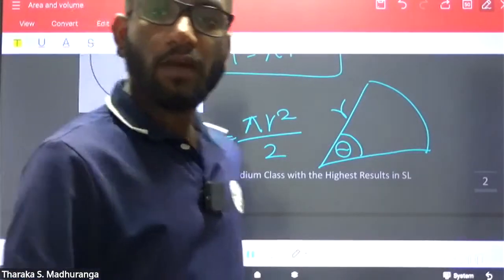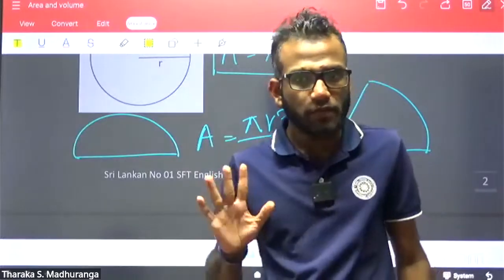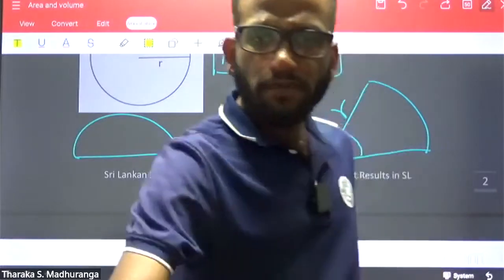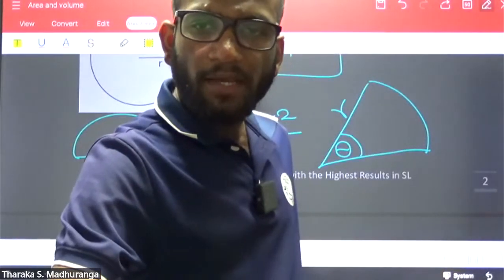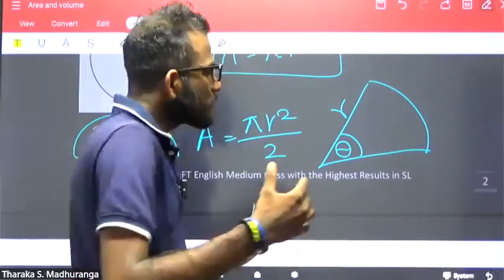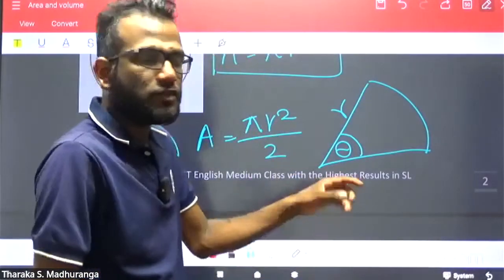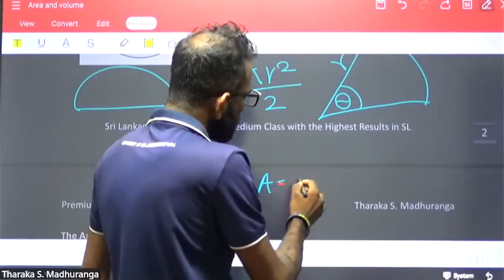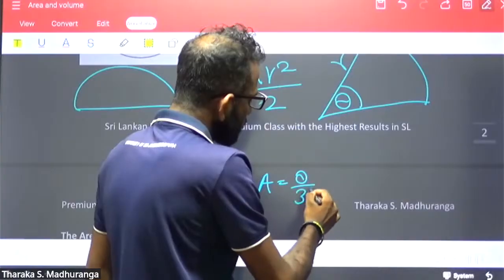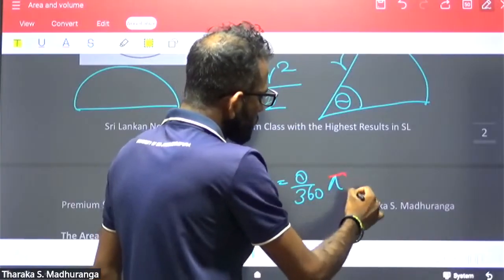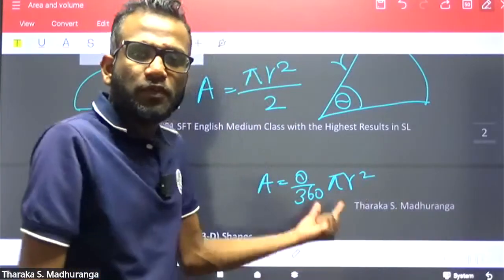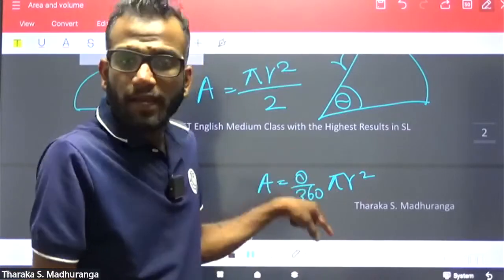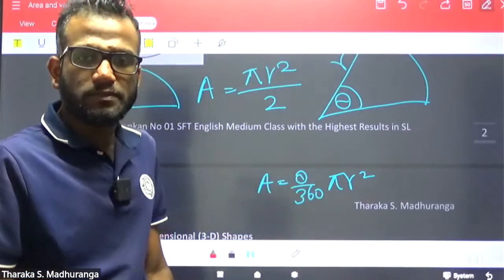I told you we have two equations. If we substitute the angle in degrees, we can use the area equals theta over 360 pi r squared. If you use the angle in radians, what is the equation?